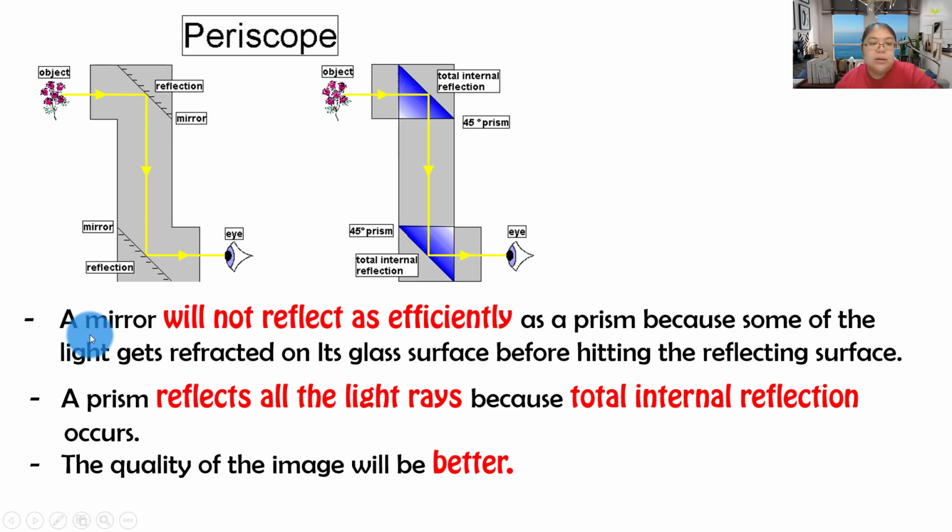So the mirror will not reflect as efficiently as a prism, because some of the light gets refracted on the glass surface before hitting the reflecting surface. The prism will reflect all the light rays because total internal reflection will occur. So the quality of the image will be better.